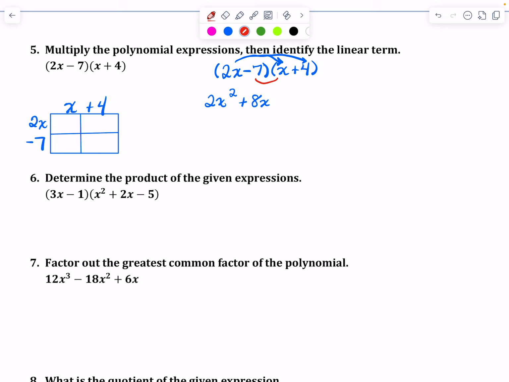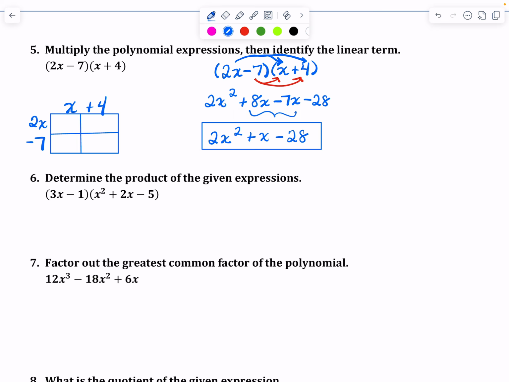Then negative 7 times x is negative 7x. And negative 7 times 4 will give me negative 28. Combine the two that are like terms. We have 2x squared plus 1x minus 28. Okay? So that would be distribution.